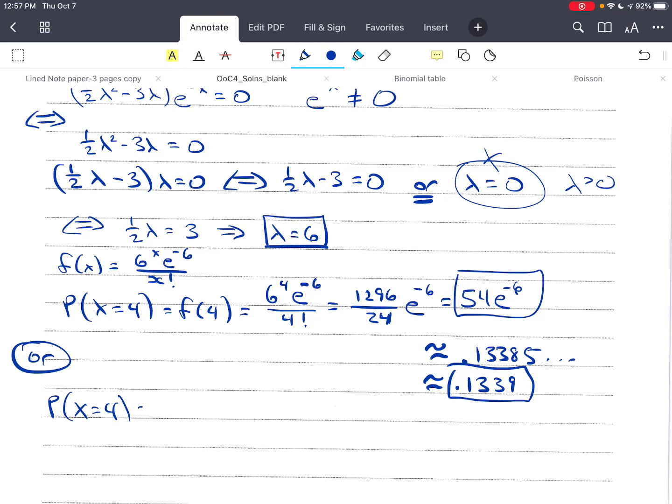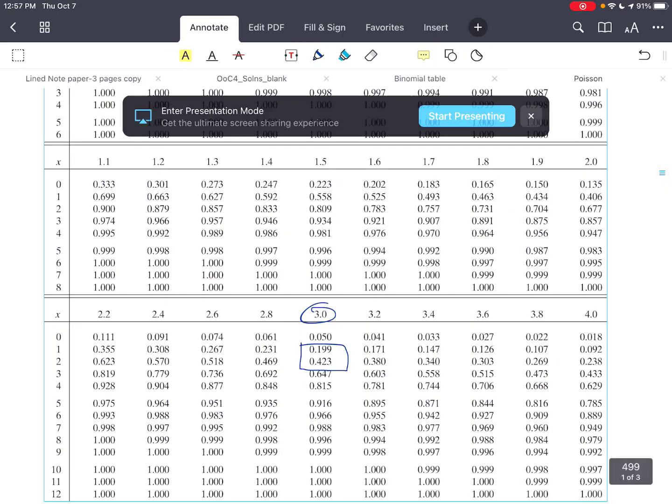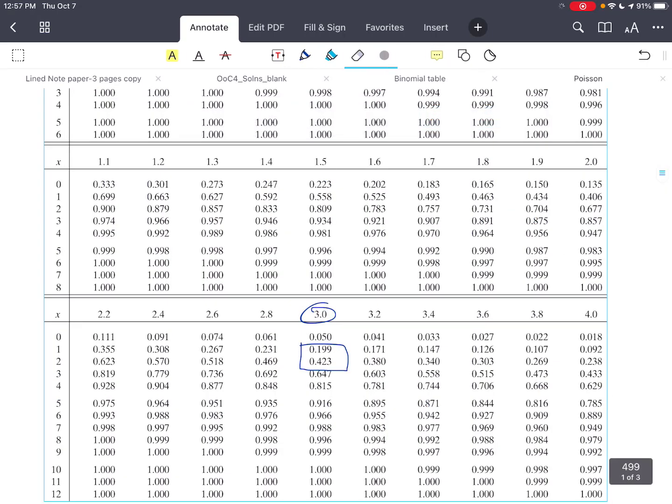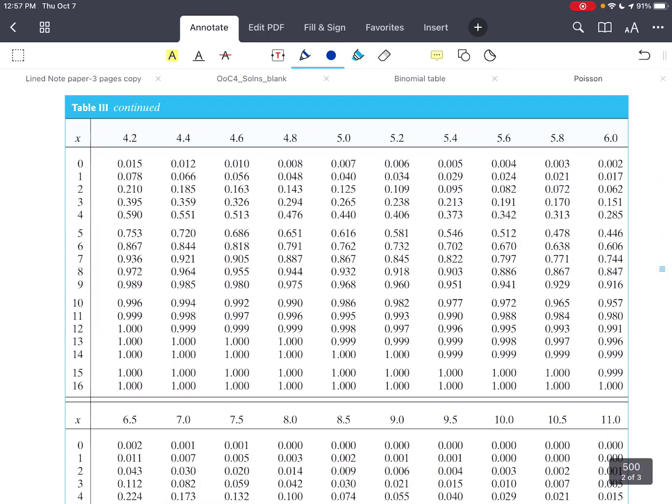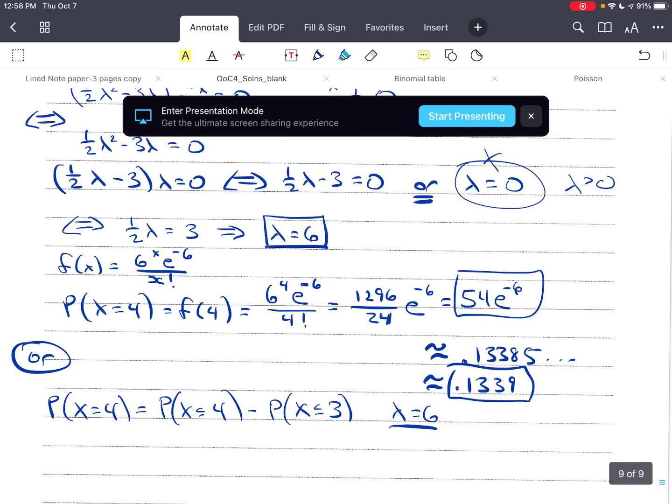The other way we could do this is the probability that x is equal to 4, so we could use the table. The probability x is less than or equal to 4 minus the probability x is less than or equal to 3, where lambda equals 6. So let's go to our Poisson table. And we need to find lambda equals 6. So we have lambda equals 6 here, and 4 and 3, so 0.285 minus 0.151.